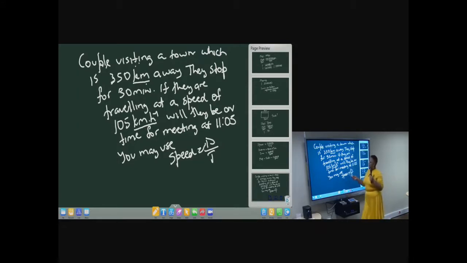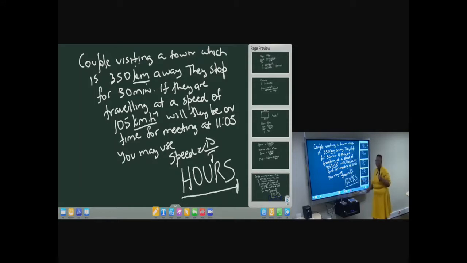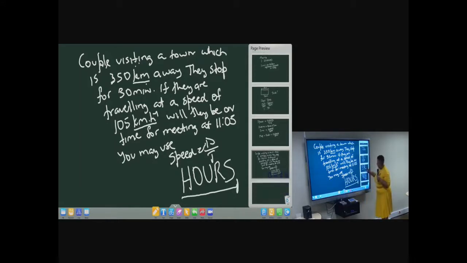Because speed is in kilometers per hour, please remember, I always write it boldly: when we have been given the speed in kilometers per hour, the answer you will get for time is in hours. Okay, let us carry on.